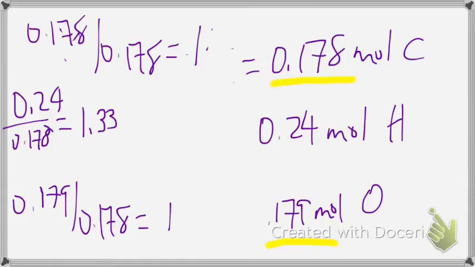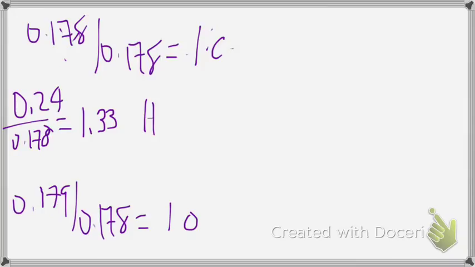So the question becomes, and this is the number of carbons, the number of oxygens, and the number of hydrogens. If you need to, you can write this as a ratio, and you would see that it's not 1 to 1 to 1 or 1 to 2 to 1.